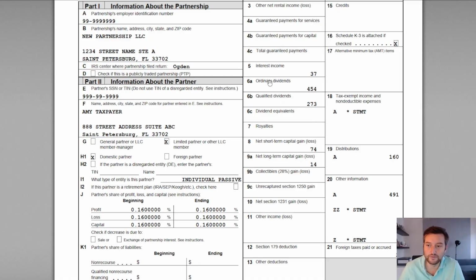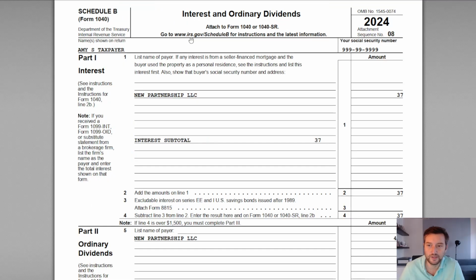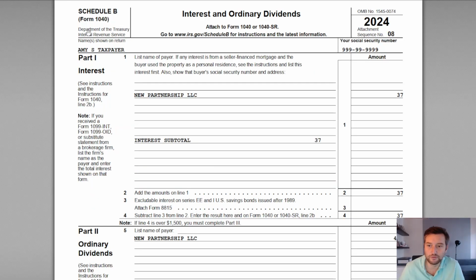And so when we think of interest and dividend income, we're thinking of Schedule B. So if we have a look at a return here and we go down to Schedule B, where we report interest and ordinary dividend income, we can see up here in Part 1, interest, we've listed the name of the partnership, and then we've entered the $37 in interest income that was coming through from box 5 of the K-1. So there's our $37 of interest, and that's being reported up on Schedule B.